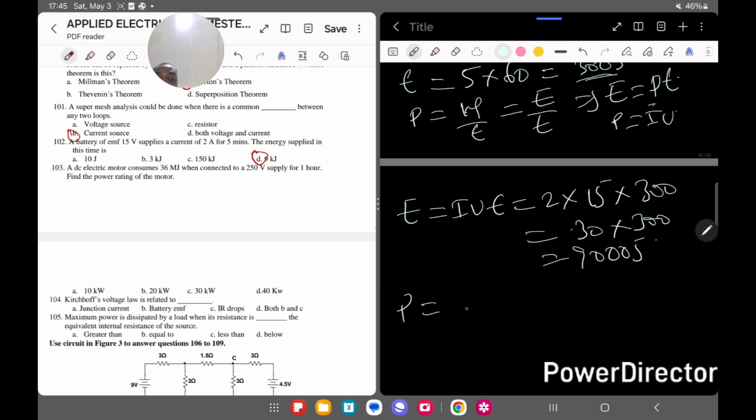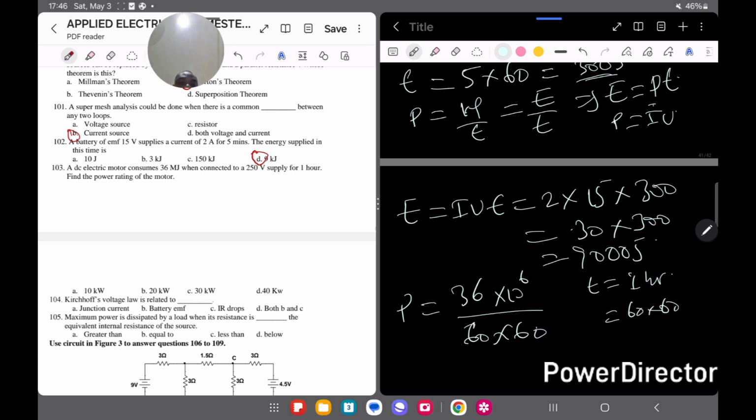The energy here is 36 megajoules, so 36 times 10 to the power 6 over the time, which is 1 hour, right? You change that to seconds. 1 hour is 60 minutes, and then 1 minute is 60 seconds. So that will be 60 times 60.